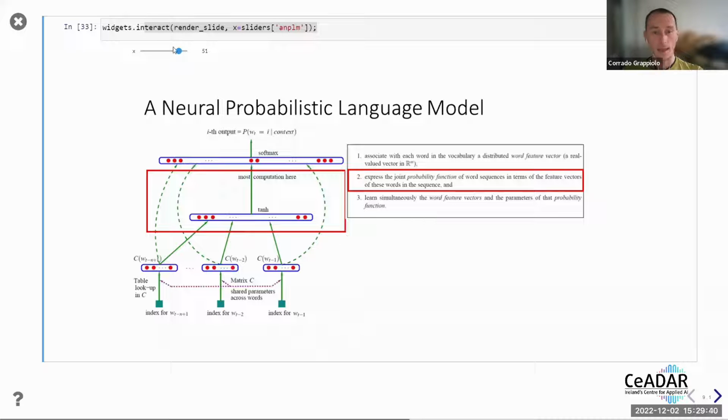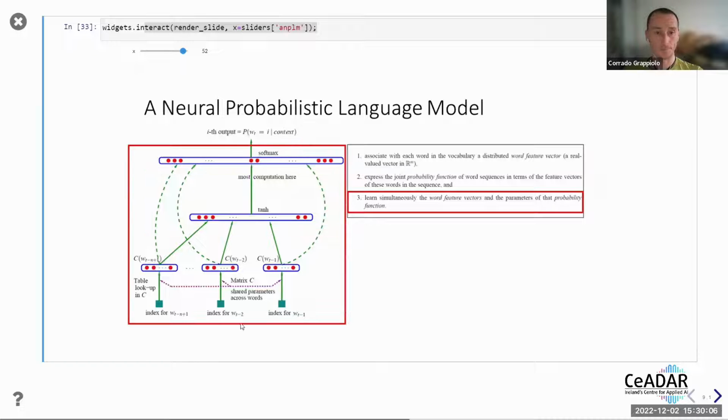And because this is a unique neural network, we can introduce a prediction loss and backpropagate it through gradient descent. So adjust all these weights, and as a consequence, we can also adjust the values in this lookup table. So we can adjust the word feature vectors.